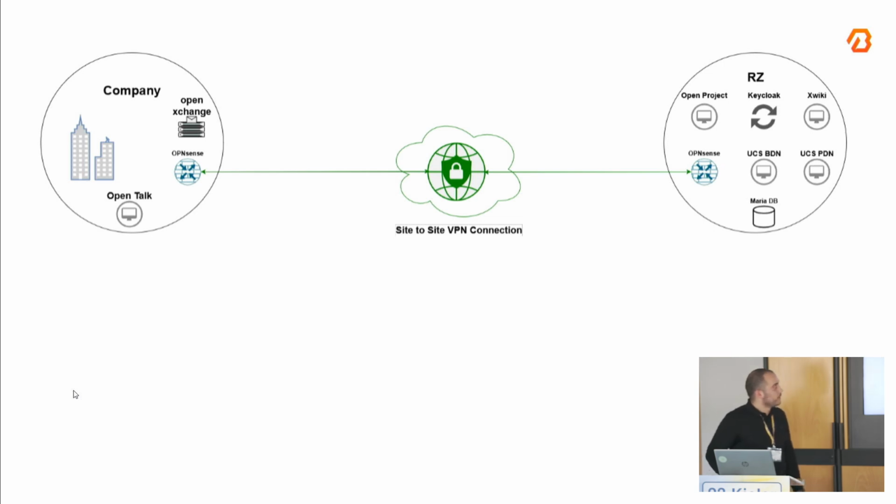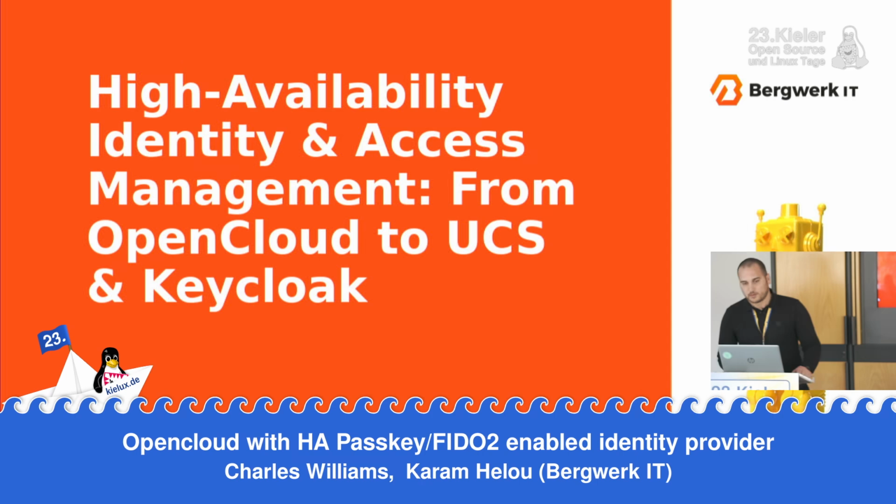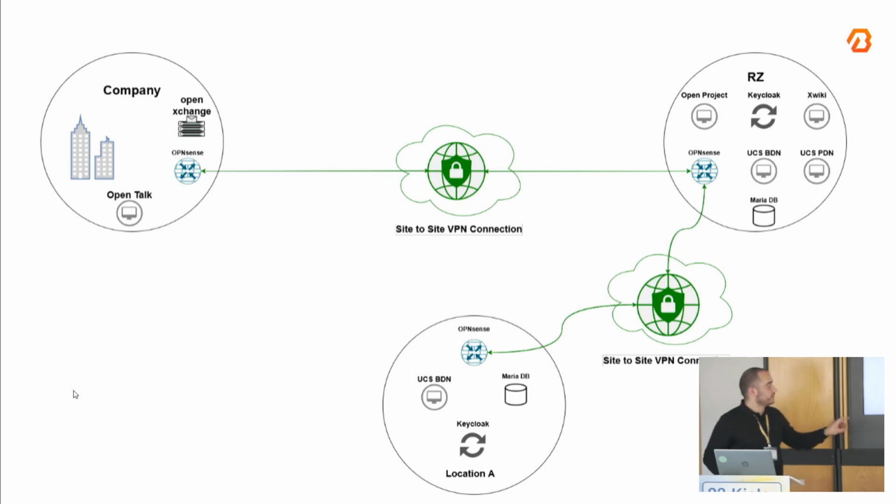So we installed the MariaDB node in the data center, and we went to another location. This location can be another data center or another section of the company or any place that has a server, importantly. And we installed the same configuration there: the UCS backup, MariaDB node, Keycloak, and the OpenSense.